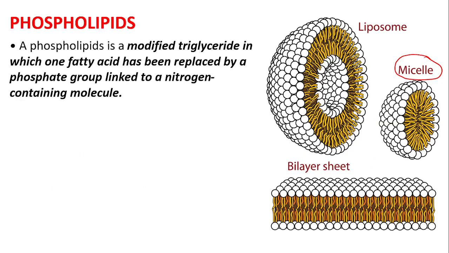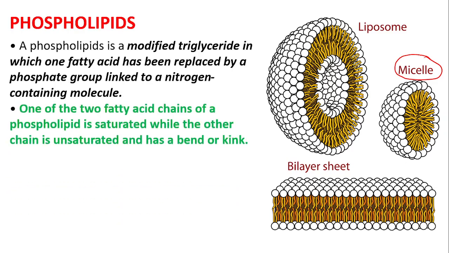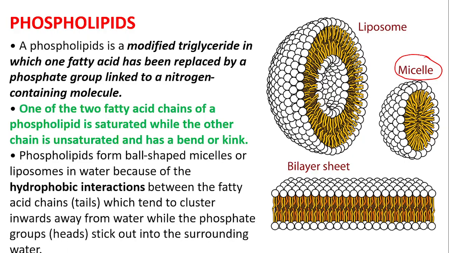The R group is just the nitrogen containing molecule. Now one of the two fatty acid chains of phospholipid is saturated, while the other chain is unsaturated and has a kink structure. So this is very important for you guys.